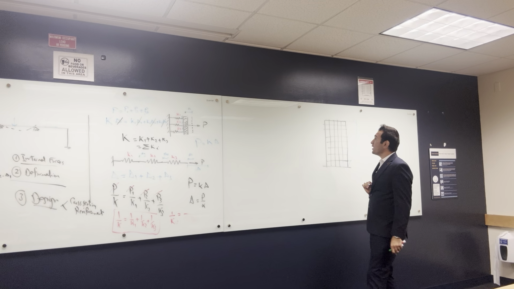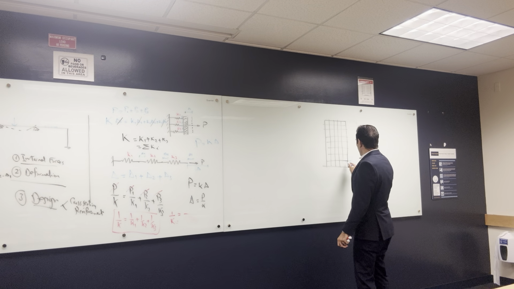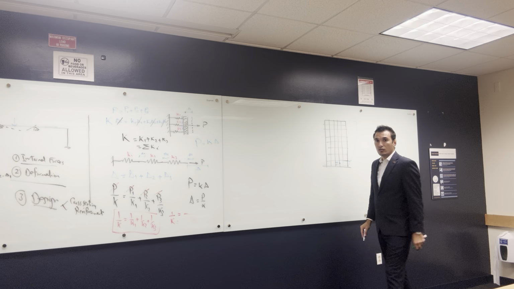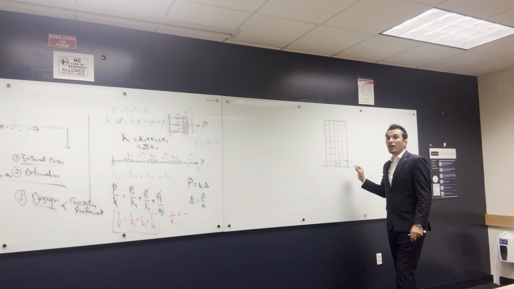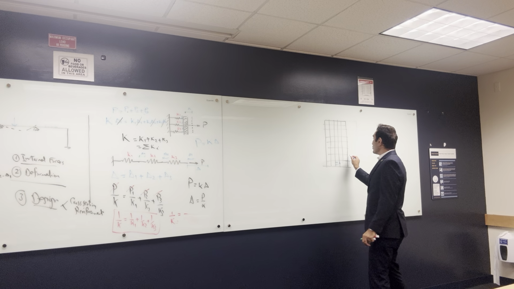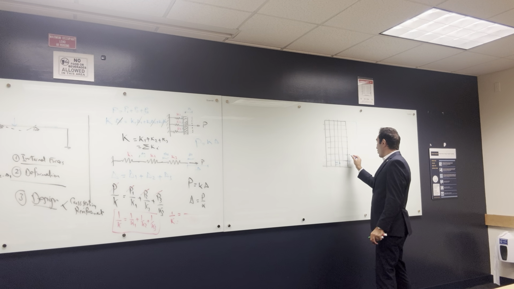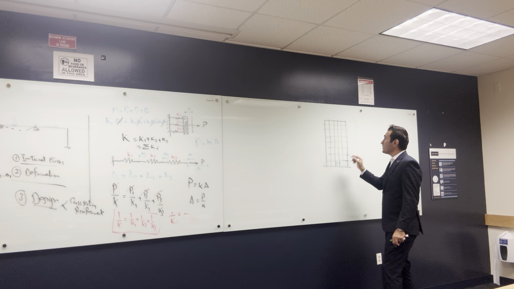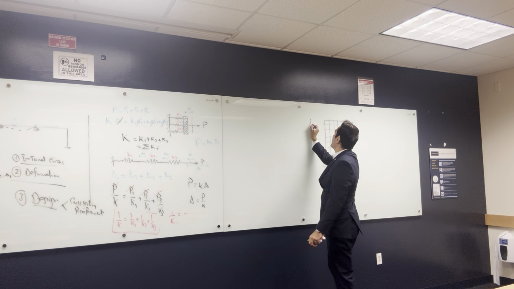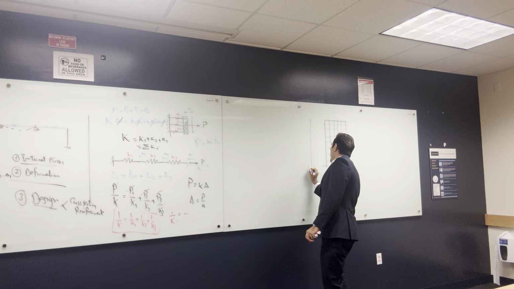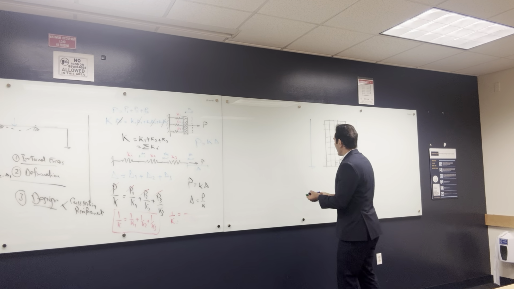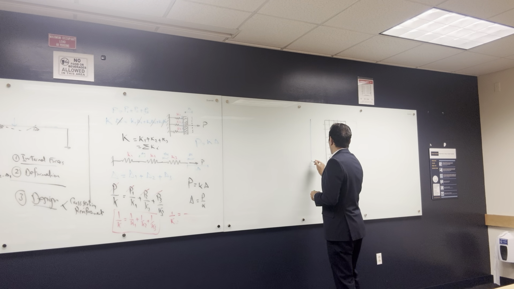So what I can do here, I can take the sum of all the stiffness of this column, sum of the K, right? To get the stiffness of the entire story. And I do the same thing for this story, because this story also has the same delta. And this story. So I can convert this building to one big column, and this column has a lumped mass of the slab at each story.